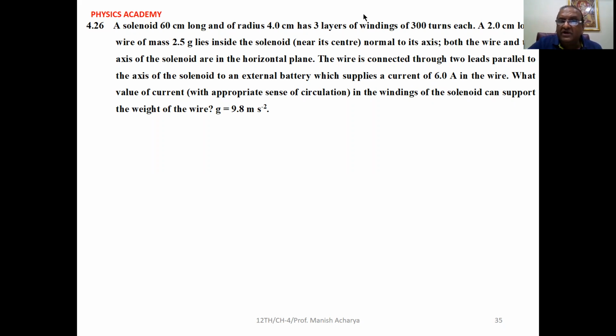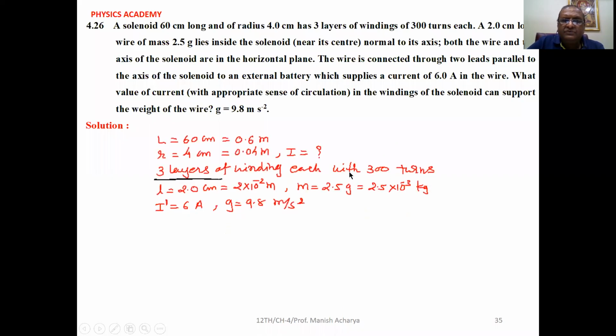Now, question clear? Now see, length of the solenoid, that is 60 centimeter, so 0.6 meter. Radius of the solenoid is given to you, but it is not important. Now, what should be the current through the solenoid that we want to calculate? 3 layers of winding, each with 300 turns in the solenoid are there.